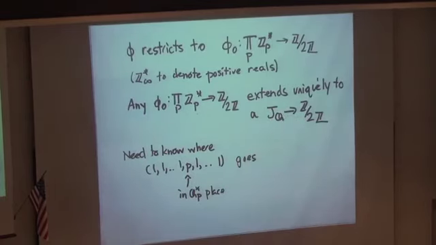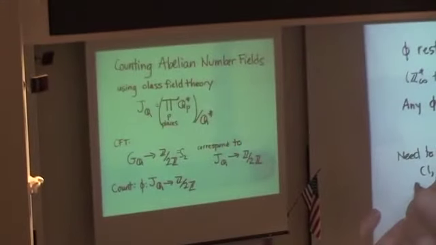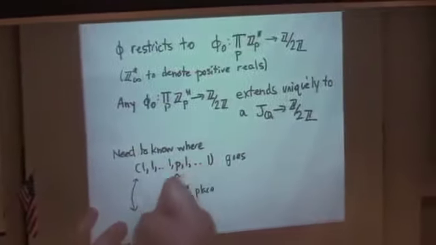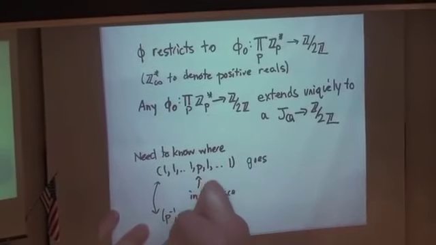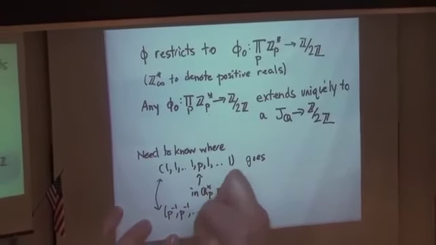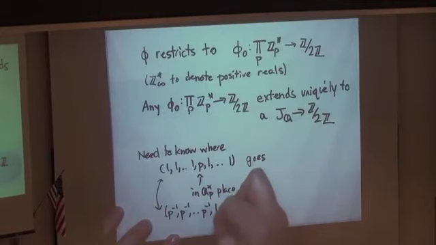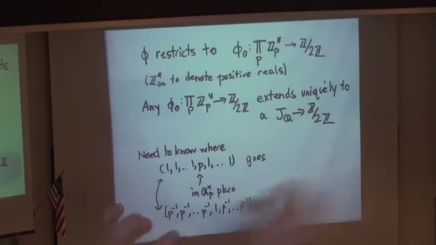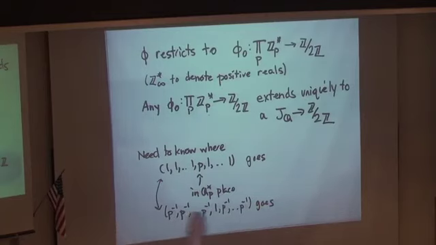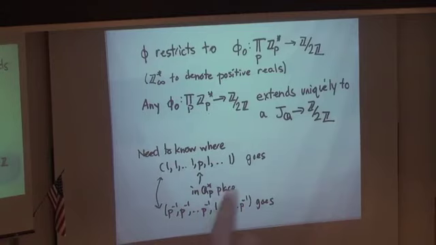But the fact that this map has to factor through Q bar tells you that's the same as where p inverse goes in all the other places. And now this p inverse is actually a unit in all the QPs besides the QP place.